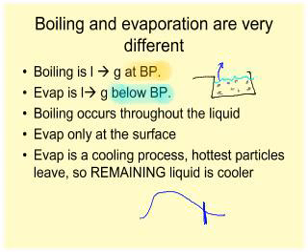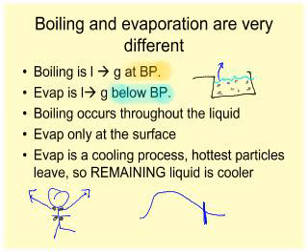Evaporation is a cooling process: the hottest particles leave, so the remaining liquid is cooler. This is why sweating works. Blue person here, pretend they're hot. They've got sweat on them, accumulated under the armpits, around the neck even. And the hottest of these particles leave, which means it's taking heat away with it.